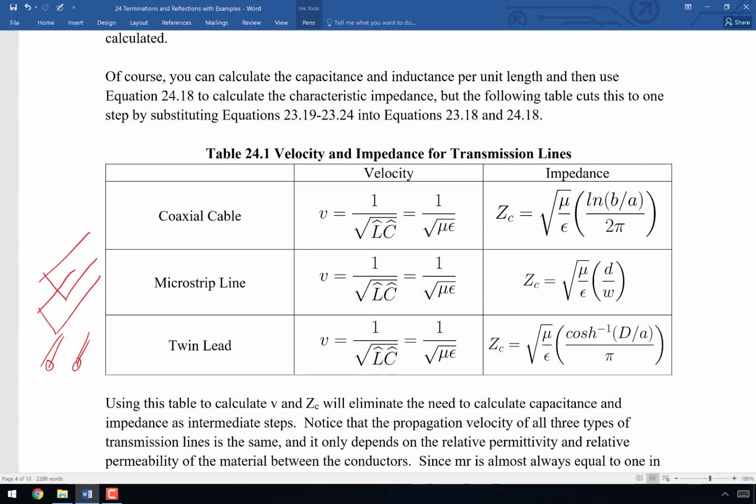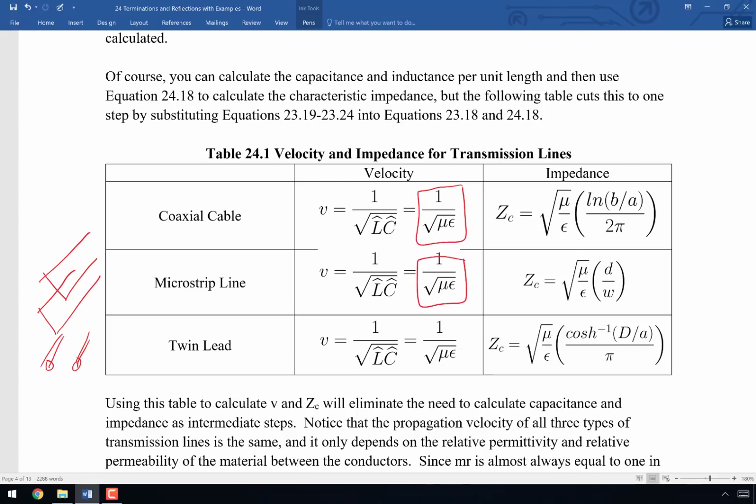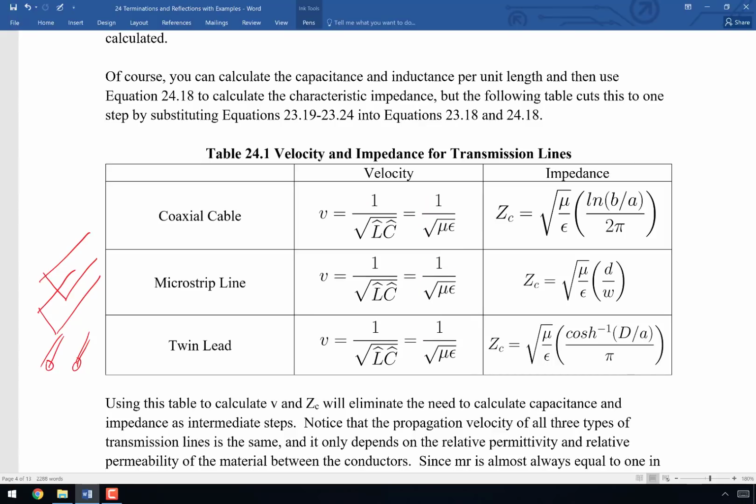I just wanted to draw to your attention the fact that if you plugged in the quantities that we had for L hat and C hat in the previous lesson, they were in a table in the previous chapter, you end up with 1 over the square root of mu times epsilon for all three of these cases. Now, remember that mu is mu sub 0 times mu sub r. Epsilon is epsilon 0 times epsilon r.